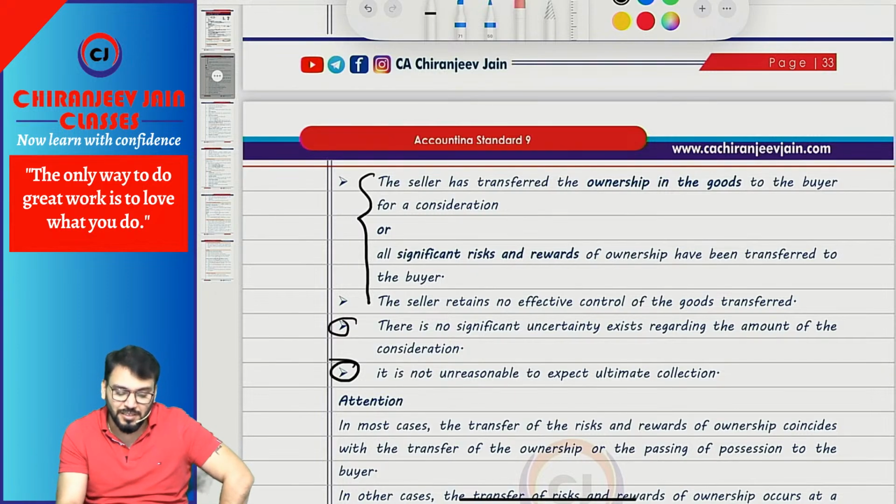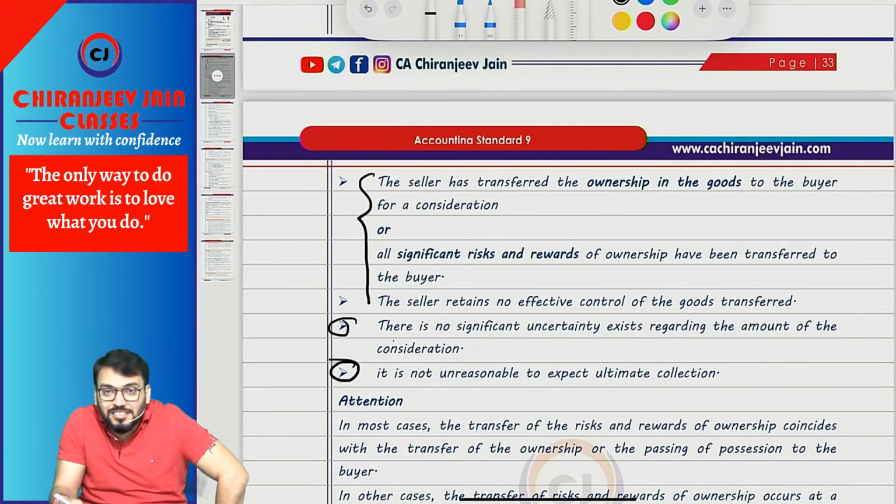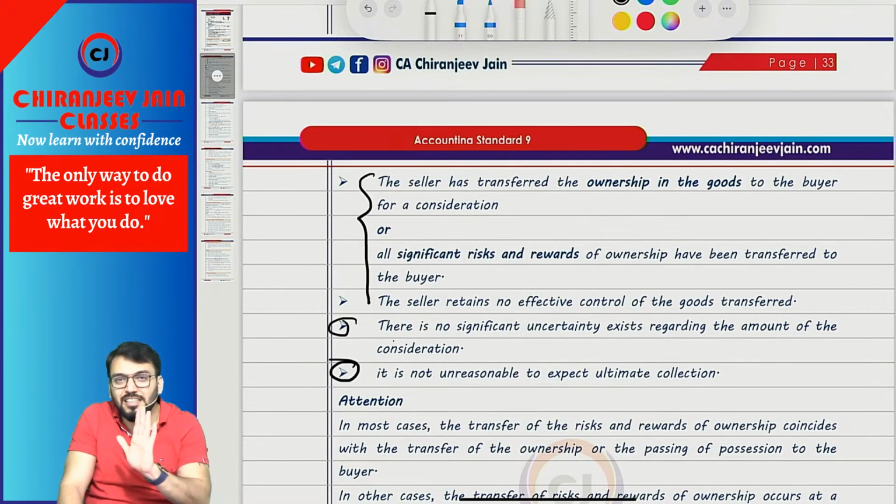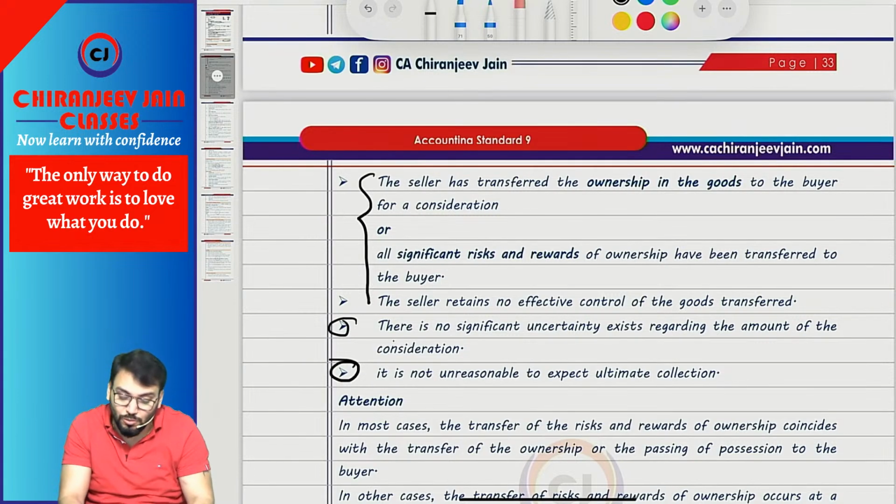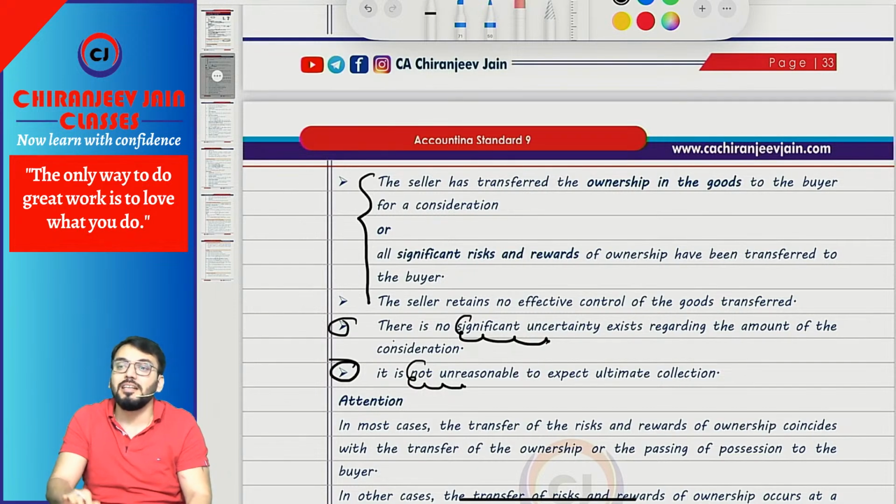The first condition is that there is no significant uncertainty regarding the amount of consideration. Can you say the amount is known to us? The amount is known to us. So no significant uncertainty exists regarding the amount of consideration. The second is: it is not unreasonable to expect ultimate collection.